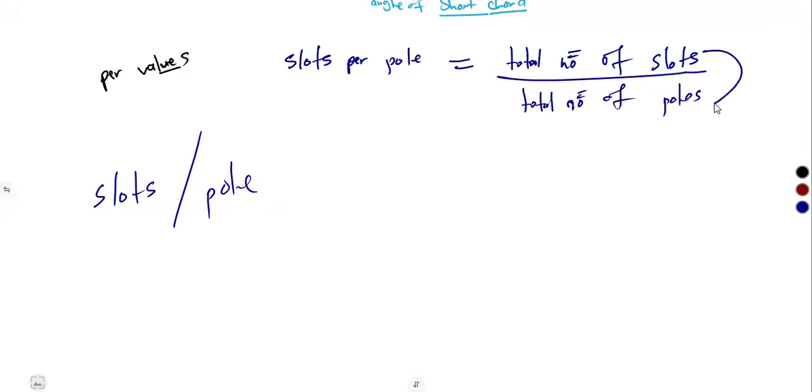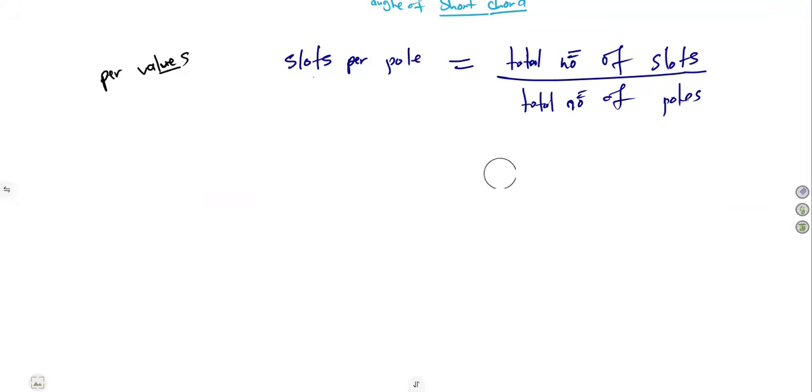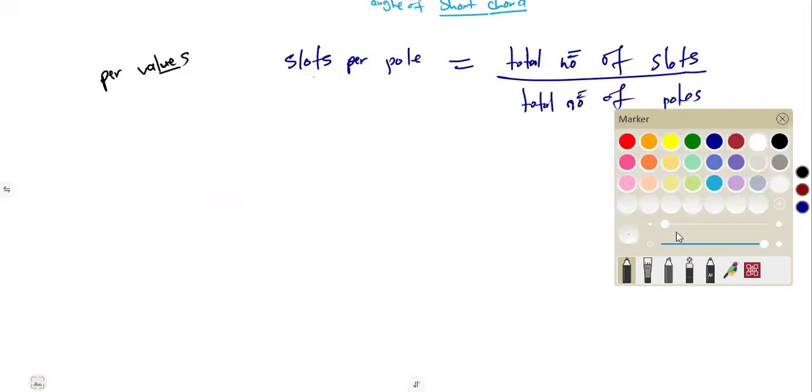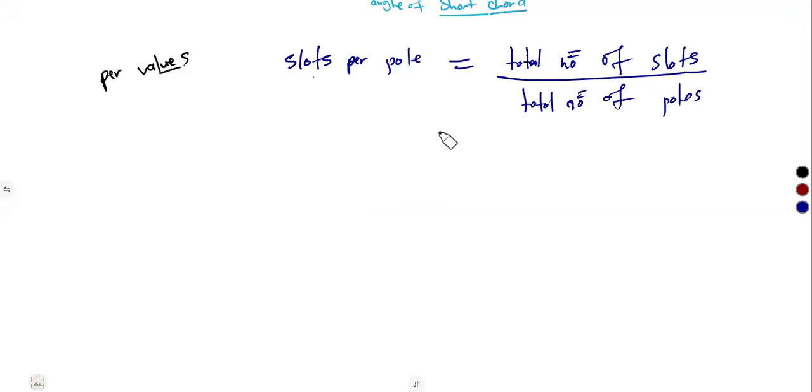So slots over poles gives us slots per pole. Whatever you want to calculate with per, that is how you calculate it. Anything, guys. Think of anything that has per. You use that condition.